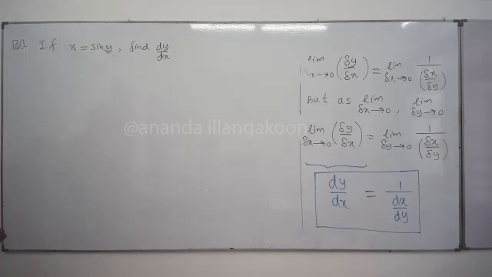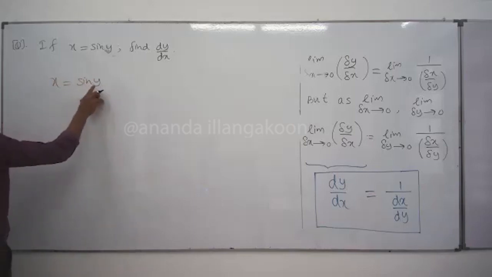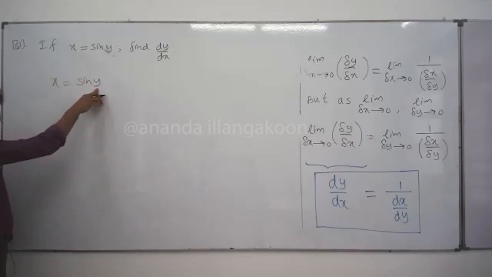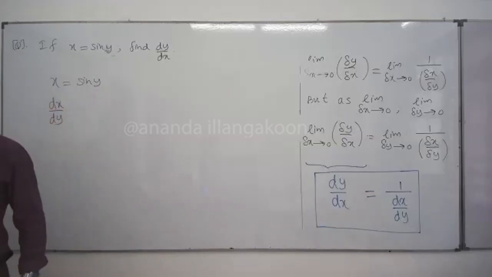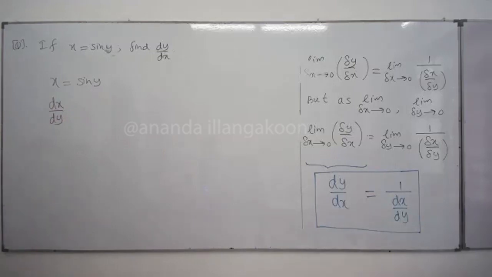Start here, people. X equals sin y. The right hand side variable is y. Then we can differentiate and we can find what derivative, people? Dx upon dy. Right? We can find dx upon dy here.